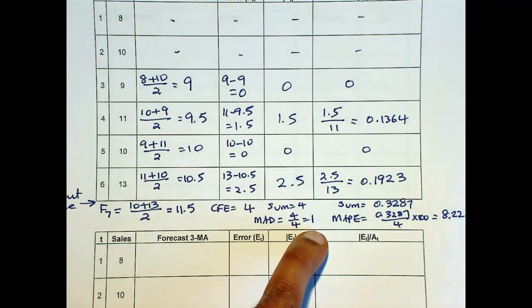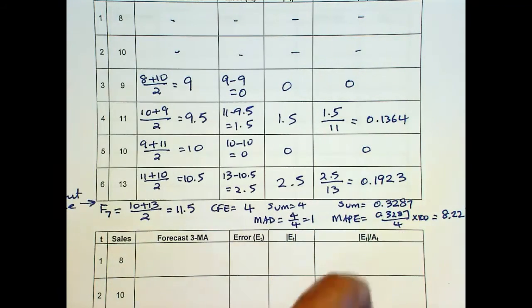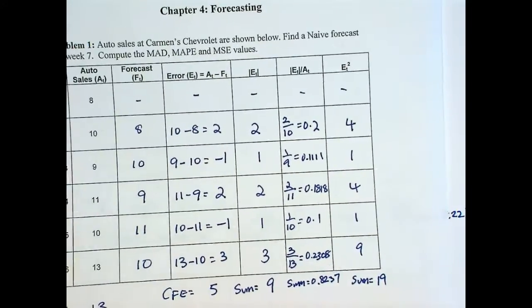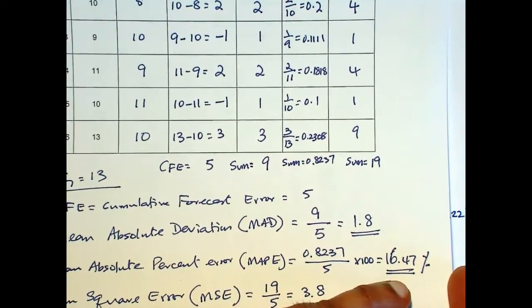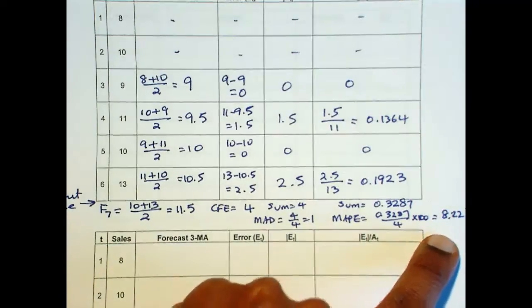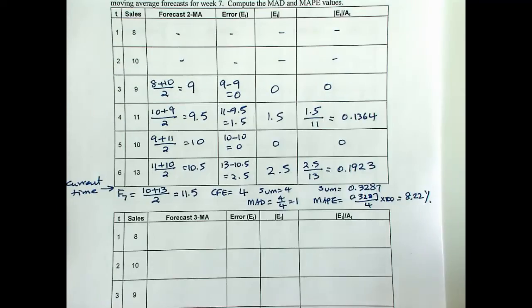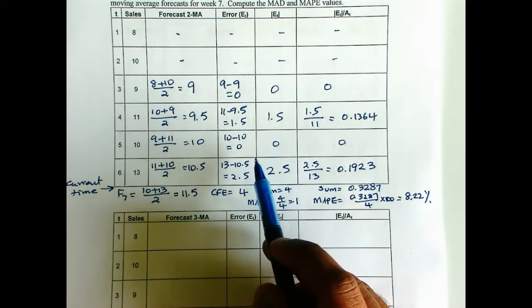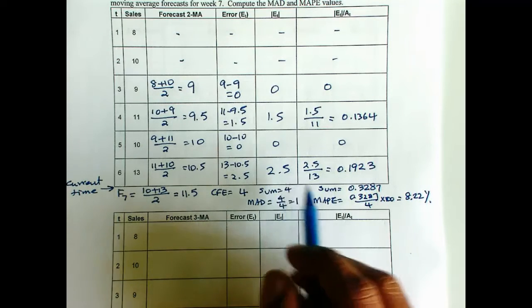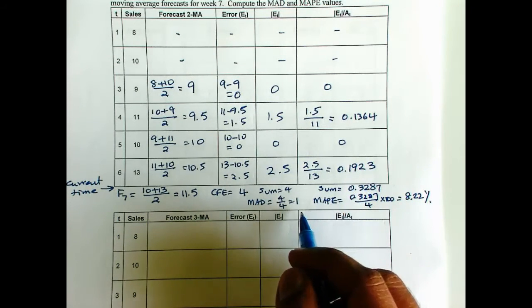And MAPE was 16.47% and now it is 8.22%. So this one is certainly better in terms of forecast error. So moving average 2 definitely has a smaller forecast error than the naive model.